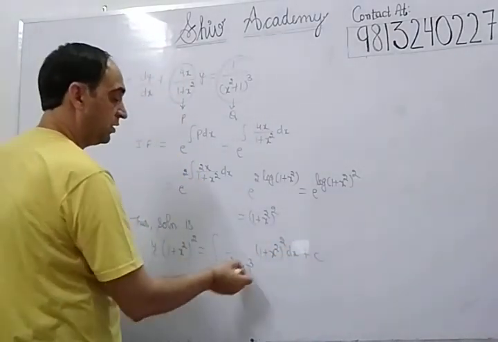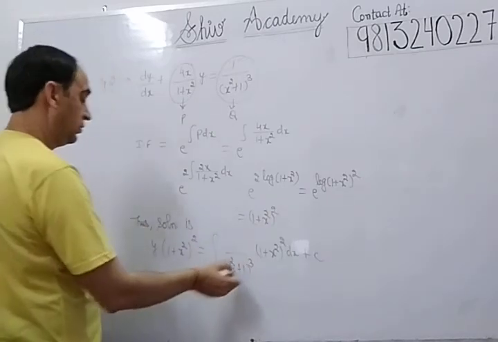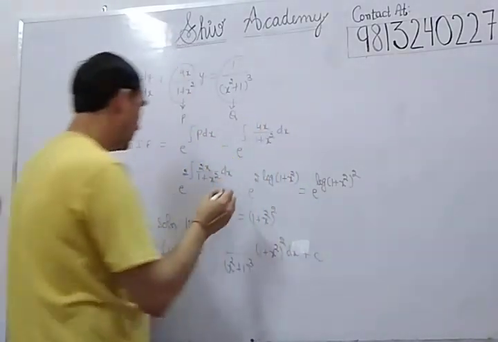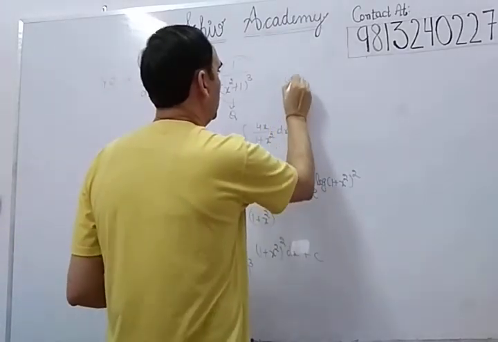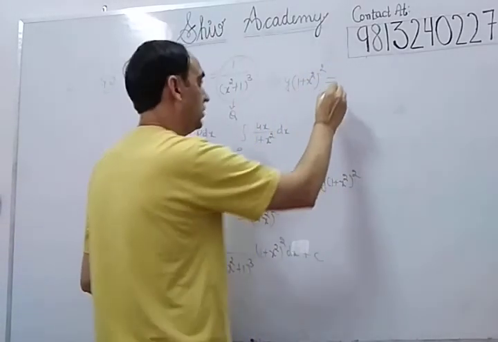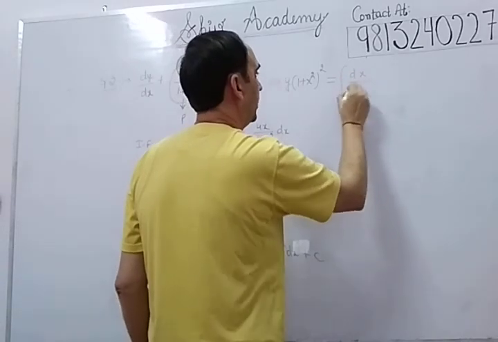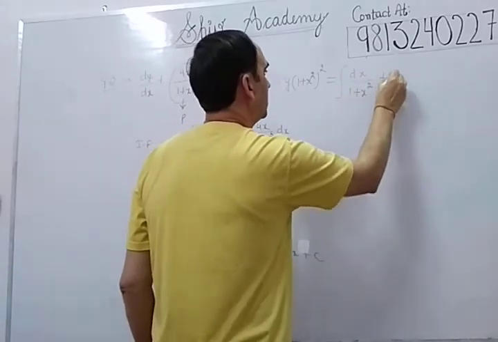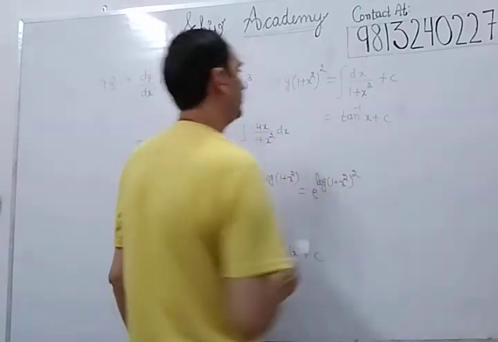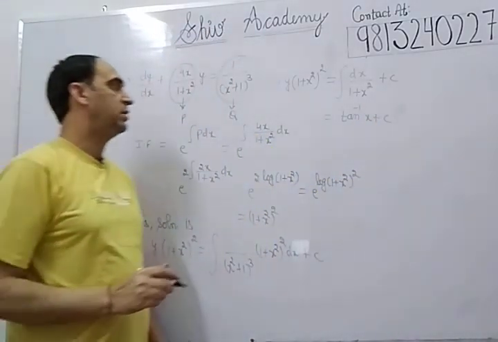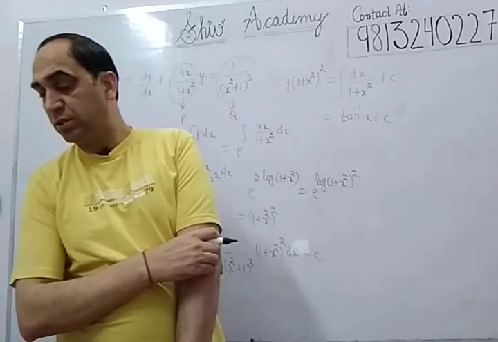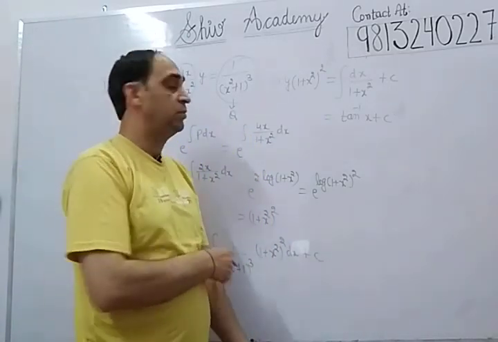So it will cancel down to just one power here. You get the left side as it is, y into 1 plus x square whole square is equal to integral dx by 1 plus x square plus c. So it is tan inverse x plus c. So y into 1 plus x square whole square equals tan inverse x plus c. This is the answer of this problem.